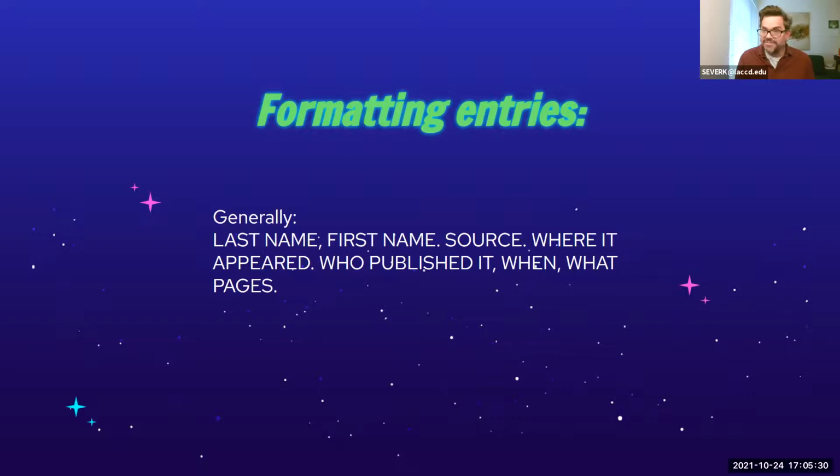If it's an essay, you write down the name of the essay, and where that thing appeared. Did it appear in a book? Did it appear in a magazine? Where did it appear? And then if it has a publisher, you put the publisher's name, when it was published, and what pages. So if you're referencing a chapter of a book, you'd want to put the pages of that chapter instead of just the whole book. Looks like this.